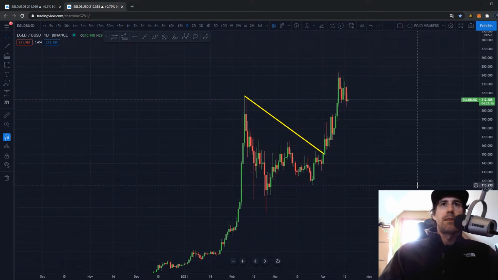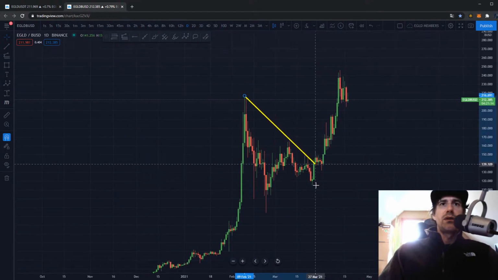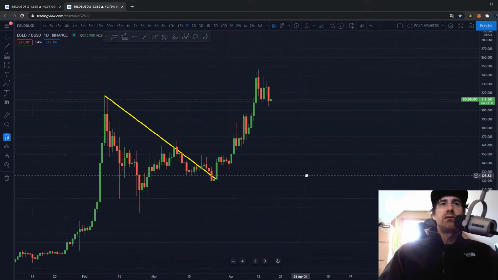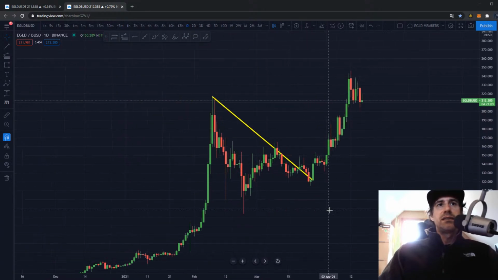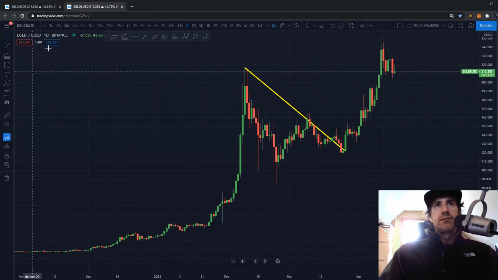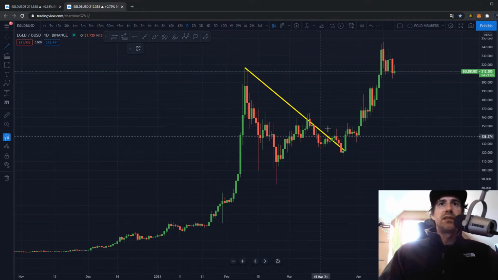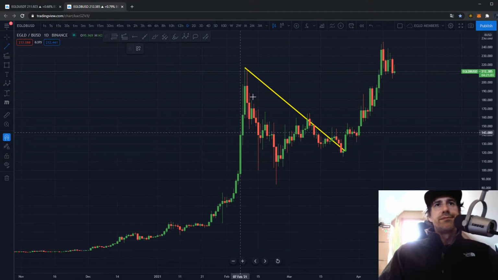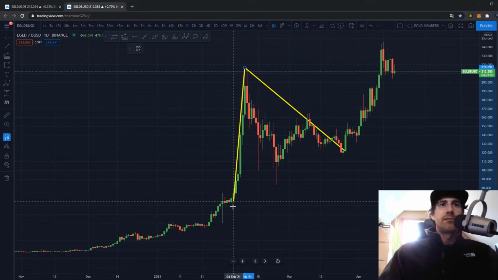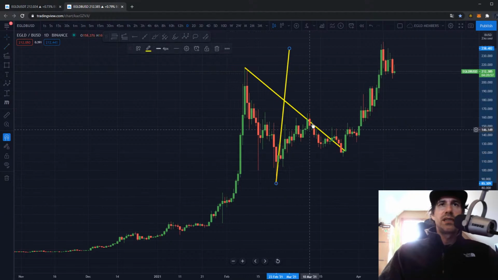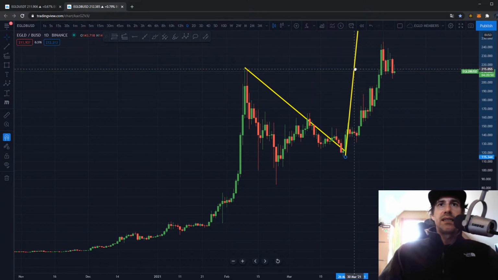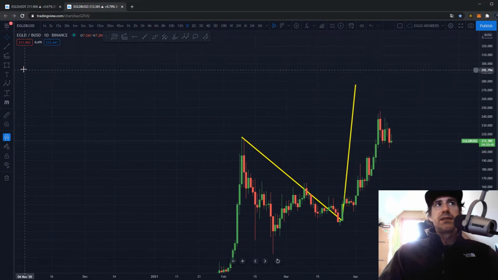Breakout from there, or maybe breakout from there too. Let's figure out. This is possible too. This was exactly the last resistance that we hit, and the breakout point is here. This will give us a target of.